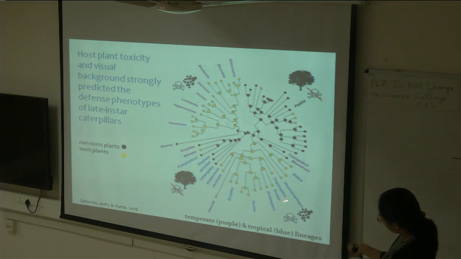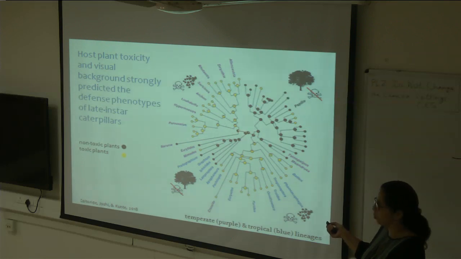If you just visualize this data, you could see non-toxic plants was the ancestral trait, with 0.2 or 0.18 being the contribution of toxic plants. So the ancestral trait here was non-toxic plant. Feeding on toxic plants evolved multiple times.